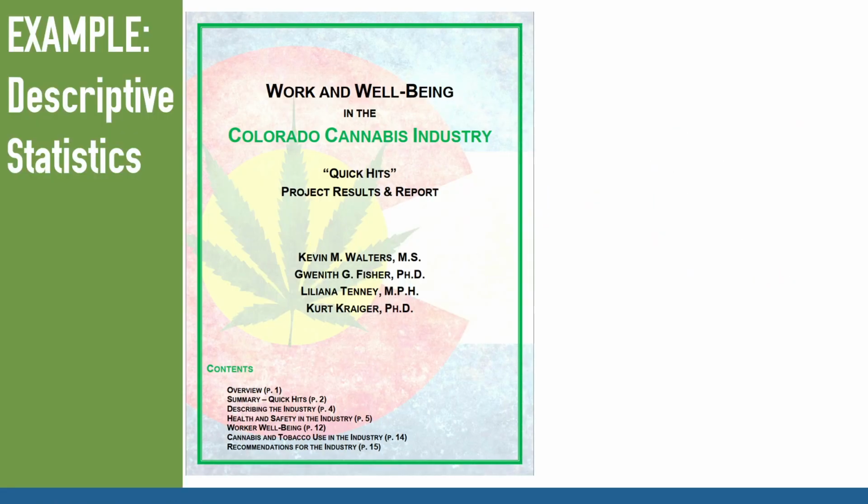And so some examples of descriptive and inferential statistics. I don't want to spend too long on this, but this is from some research I did in the past. I started grad school in 2013, right around the time that Colorado was legalizing cannabis for recreational use. My background's in occupational health and safety, and at the time, health and safety in the industry was really unregulated because the government had their hands full just ensuring that people were legal cannabis organizations to begin with.